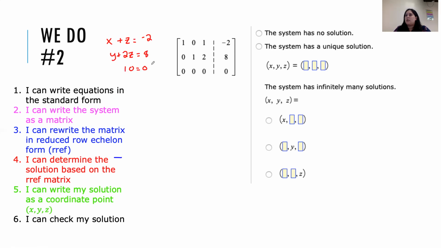When you have a true statement like 0 equals 0, 1 equals 1, 3 equals 3, that means we're going to have infinitely many solutions. That means one or both of the other variables are going to depend on the third variable to determine the value.